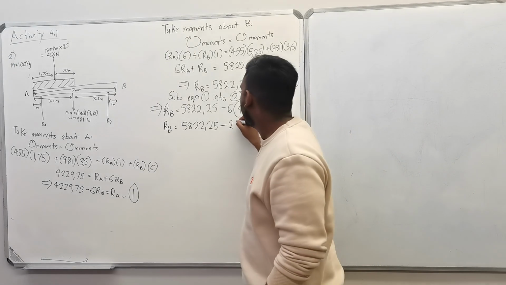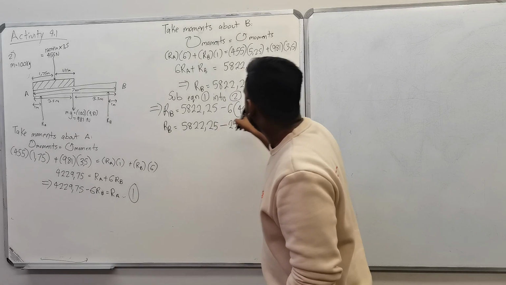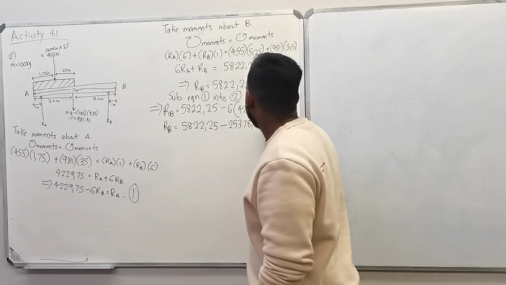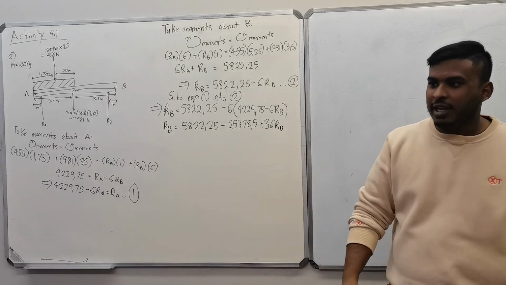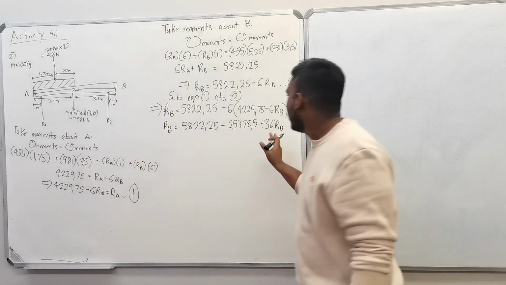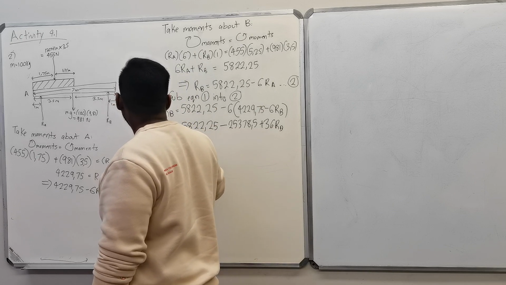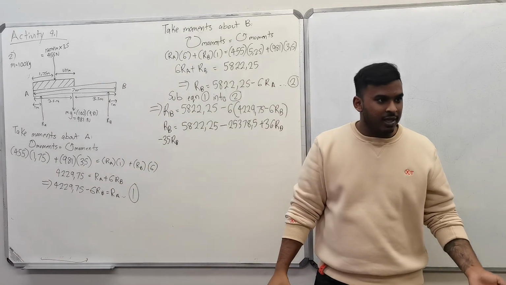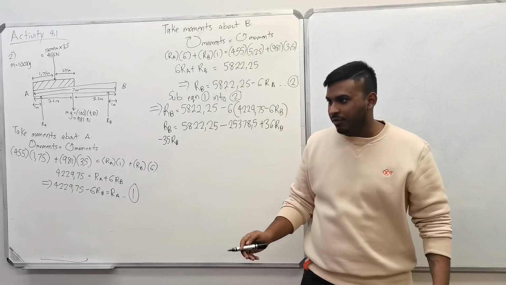25378.5, and then minus 6 times minus 6RB will become plus 36RB. Now we move like terms to one side. So this would come across and become minus 35RB, because when this goes across it will be minus 36RB plus 1RB, which is minus 35RB.